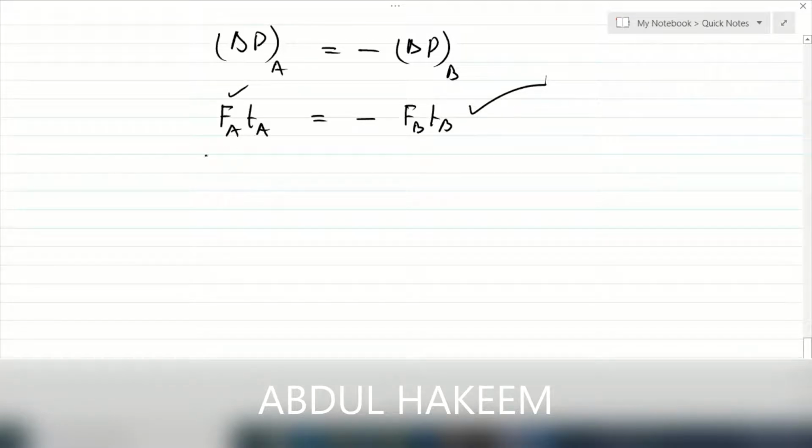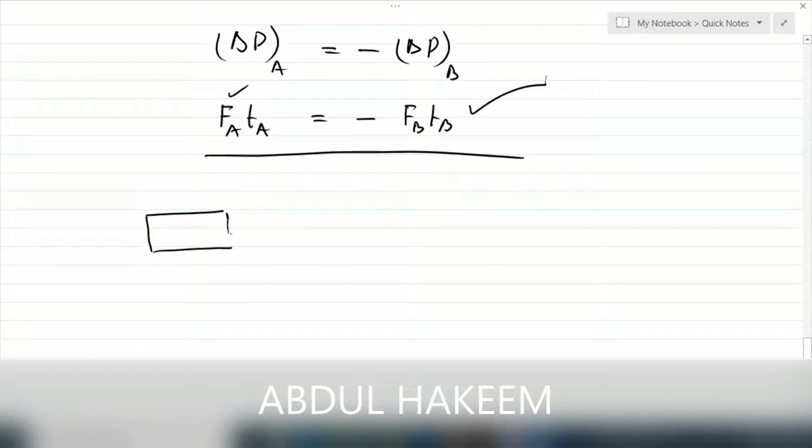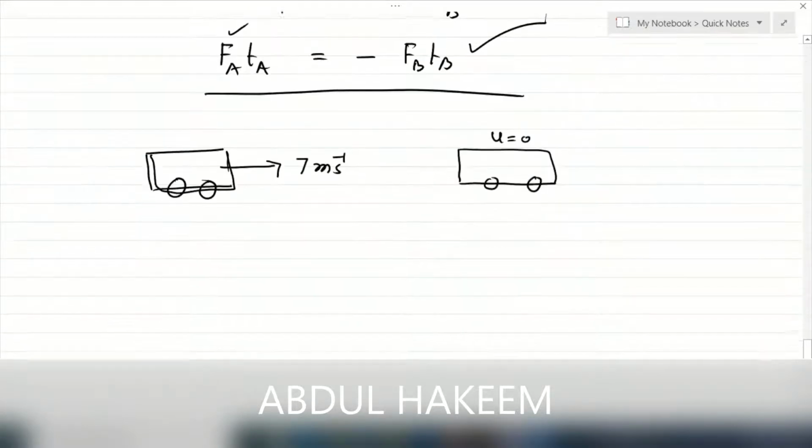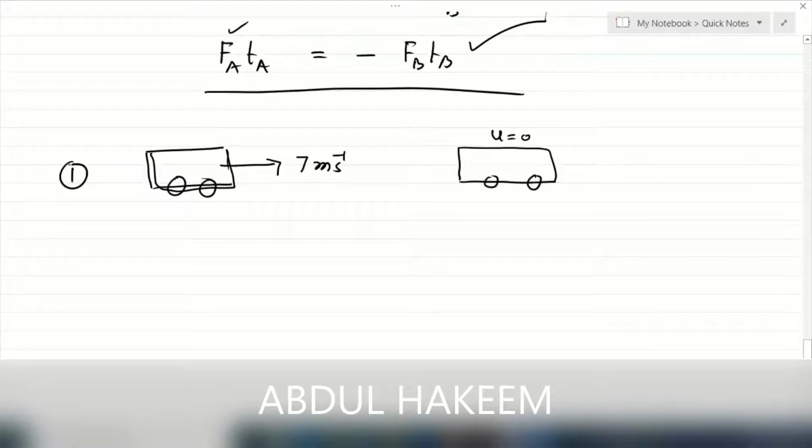Okay, next, suppose this is the object, and it's moving in this direction with suppose 7 meter per second velocity. And another object is stationary at its path. Initial velocity is 0, means it is at rest. This is situation number 1.